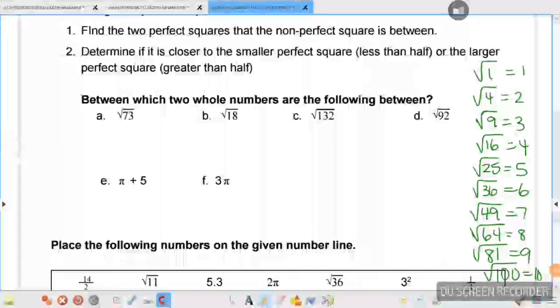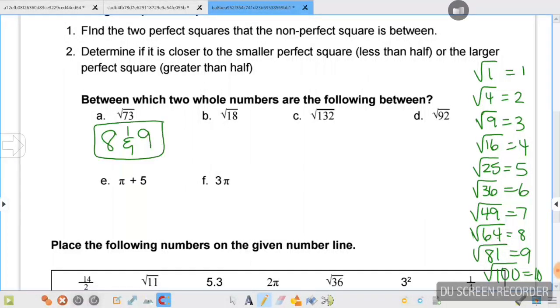Alright, so let's see which two whole numbers the following are between. Square root of 73. 73 is between 64 and 81. Therefore, this is between 8 and 9. Square root of 18 is between 16 and 25, whose square roots are 4 and 5.